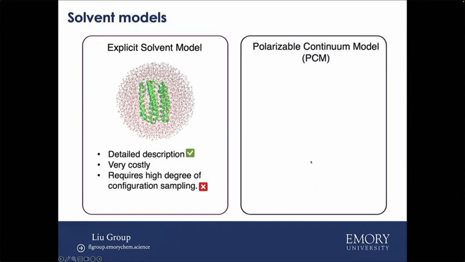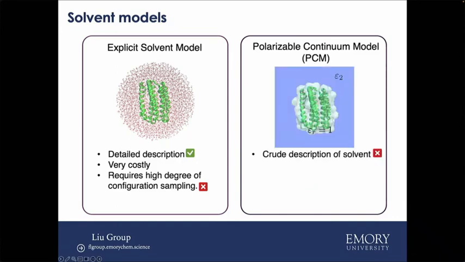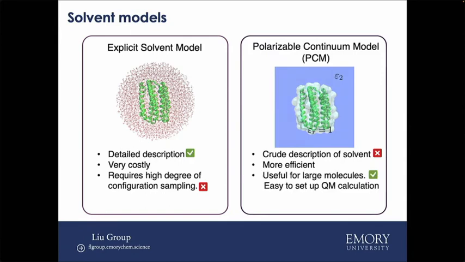In contrast, the implicit solvent models that treat the solvent as some polarizable continuum are more efficient, but they only give some very crude description of the solute-solvent interaction. So we can efficiently use them to generate a lot of property data for solvated molecules, but the accuracy is not guaranteed.